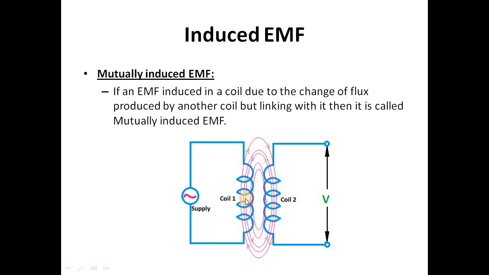And when this alternating flux comes in contact with a stationary coil like coil 2, then as the coil is stationary and the flux is changing, an EMF will be induced in the secondary coil or coil 2. This type of EMF induced is known as mutually induced EMF.